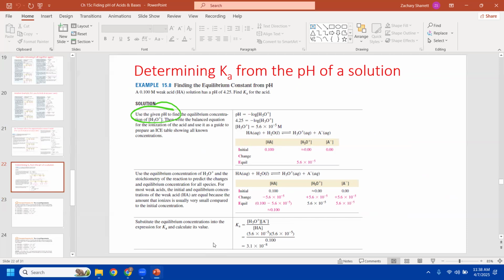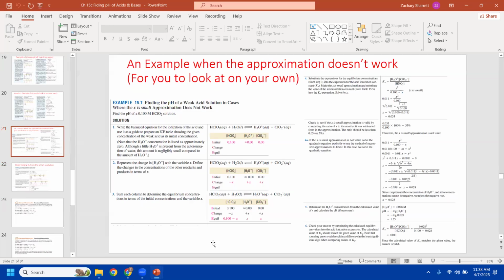So these are two different examples of doing the problems we just did. I would suggest you try it on your own. The only problem with using this one was the Ka of this was 0.0011. Is that a super small number? It's really not that small, right? So when you use the X is small approximation, this doesn't work. So you have to use the quadratic equation for this one, okay?